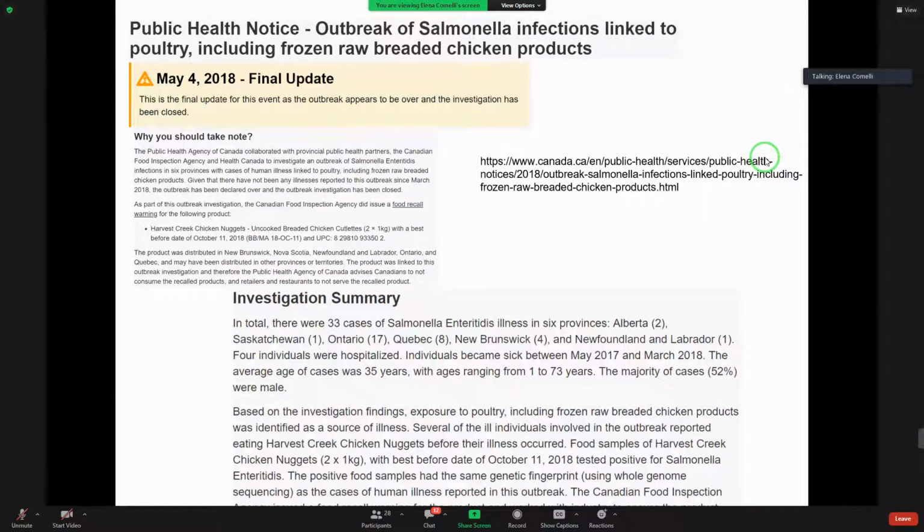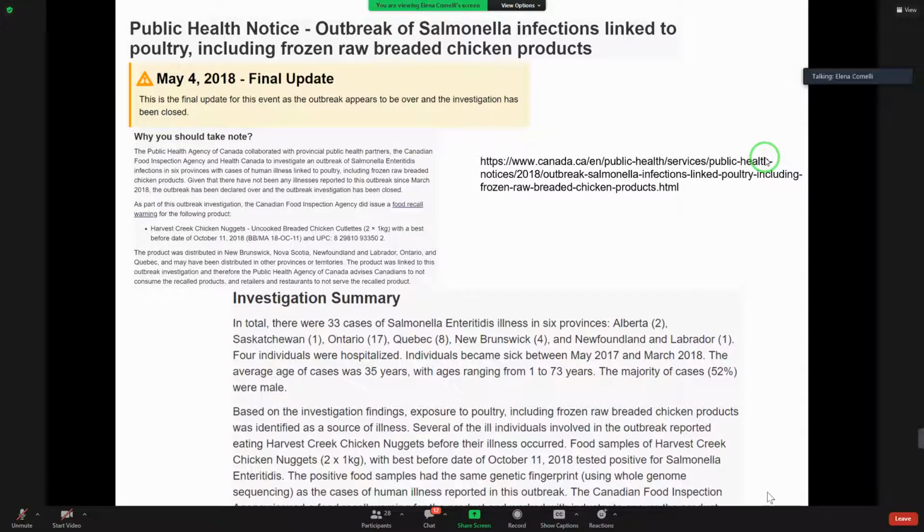This is an example of what you would see as a communication from Health Canada and the Canadian Food Inspection Agency when there is an outbreak of an enteric or foodborne pathogen. In this case, it referred to an outbreak of Salmonella infections linked to poultry, including frozen raw breaded chicken products, in 2018.